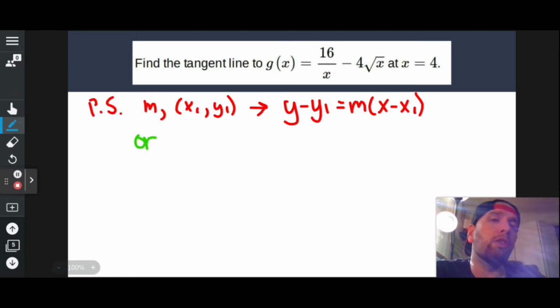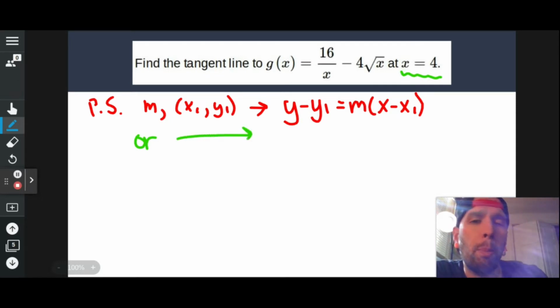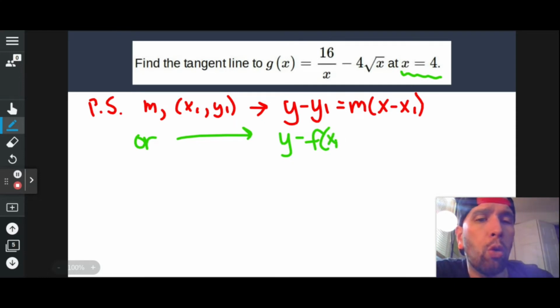Our point is going to be that x value, and we'll keep calling the point x sub 1, y sub 1. Actually, no, we won't. We'll call the point x sub 1, but I'm going to change the y sub 1. So in calculus, it might be worded out as this. Y sub 1 is achieved by taking whatever your x sub 1 is and plugging it into the original formula.